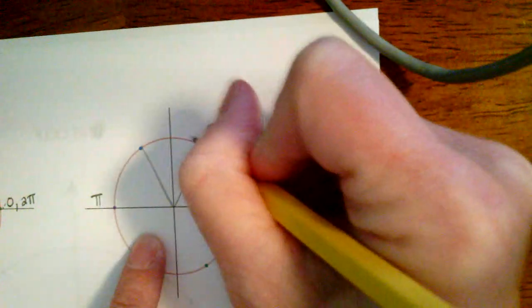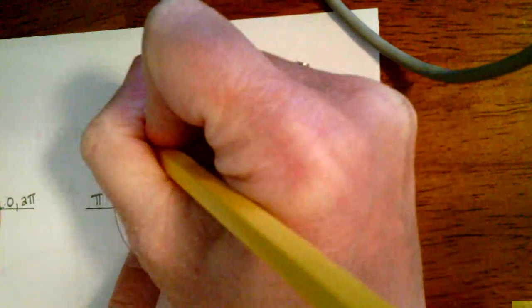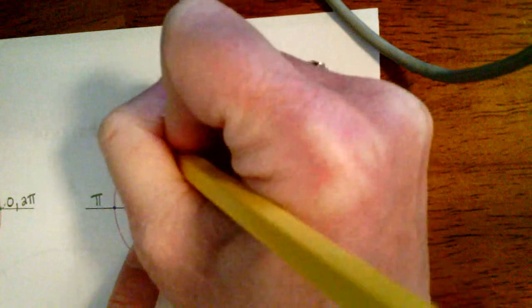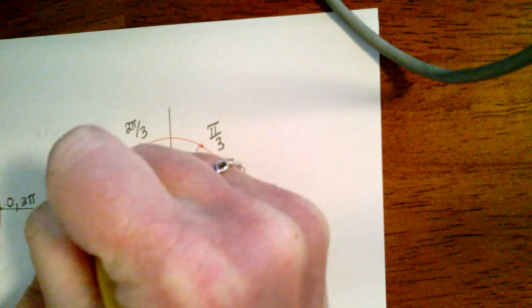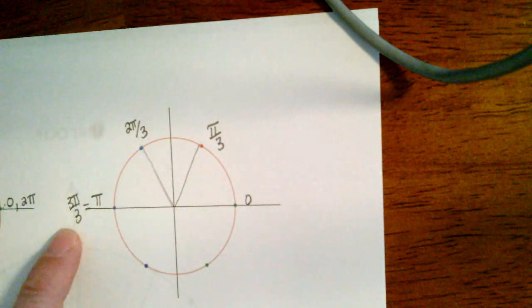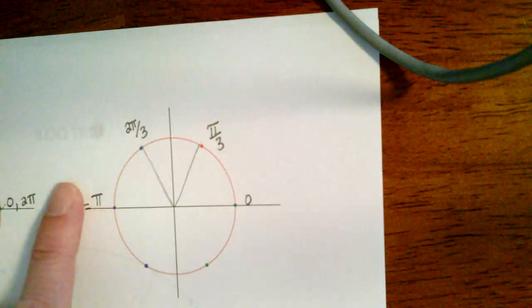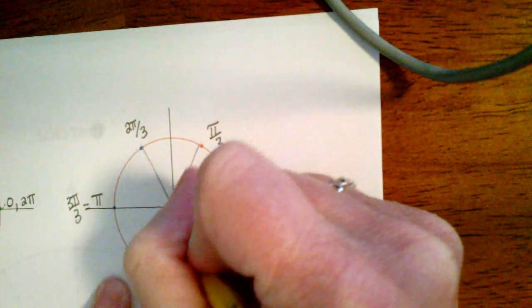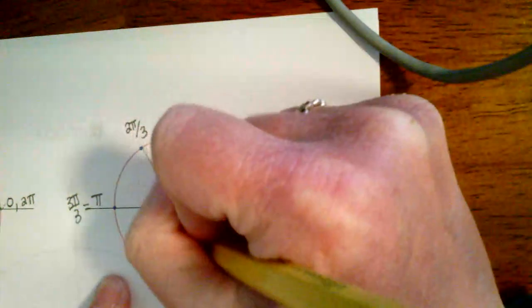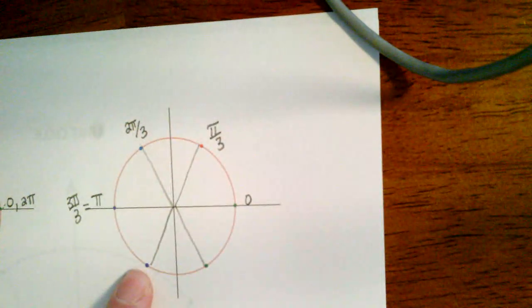Then if we move another third of the way over, we're at 2 pi over 3. Here, this would be 3 pi over 3. But notice 3 pi over 3 is just pi, so we would just write the pi. Then we are moving another third.